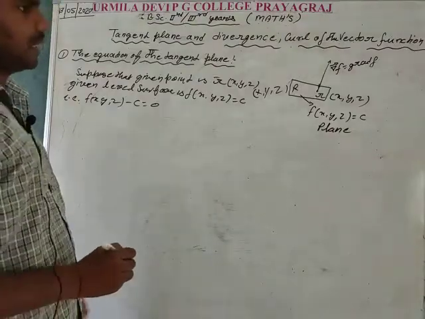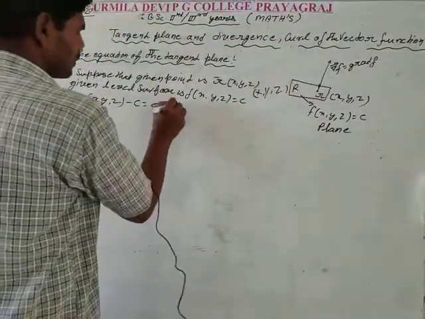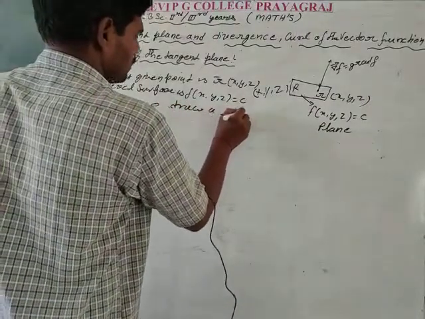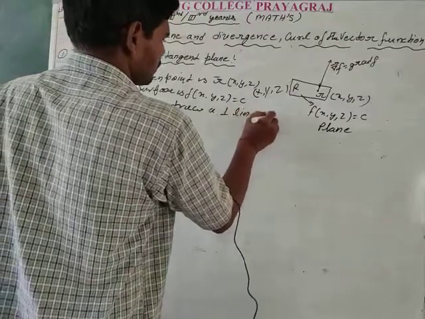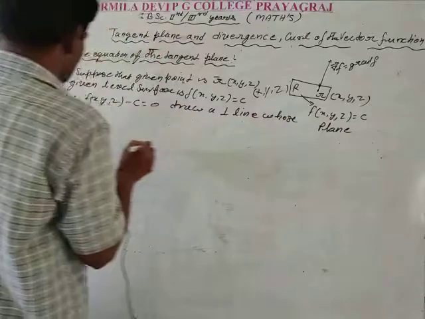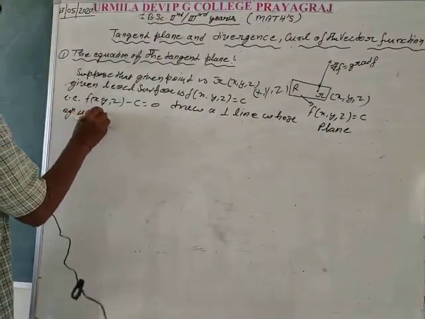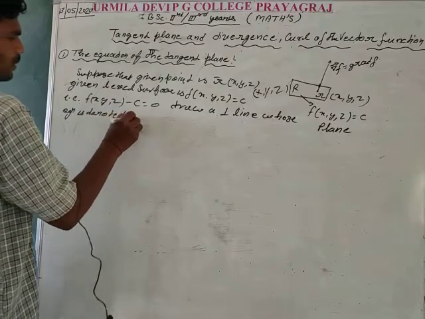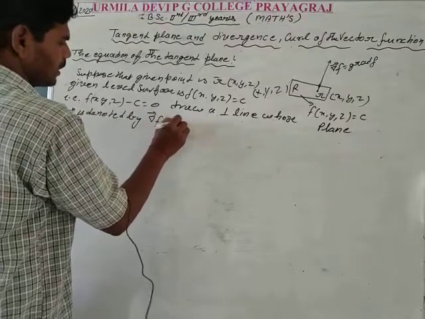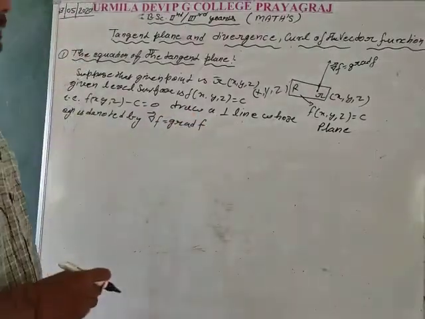Draw a perpendicular line from point R, whose equation is denoted by del f, the gradient of function f. Here f is a scalar function.